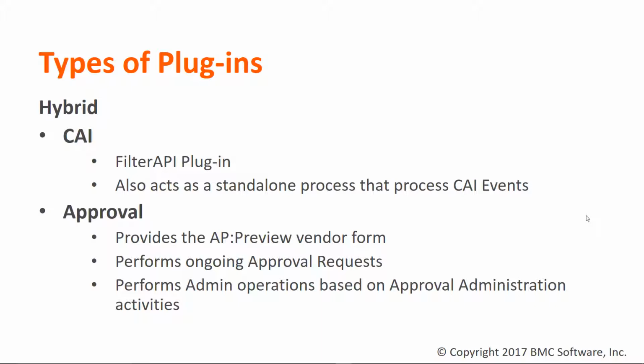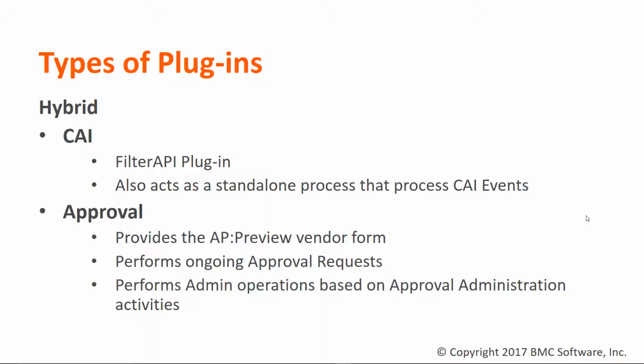It also acts as a standalone process that will, on an interval, process activities that are in the CAI events form. Another example is approval. Approval does a few things. One of the things that it does is it acts as a vendor form, and it is an ARDBC plugin. So it provides the data that will be populated on the AP preview vendor form.